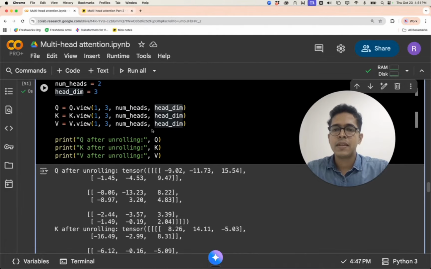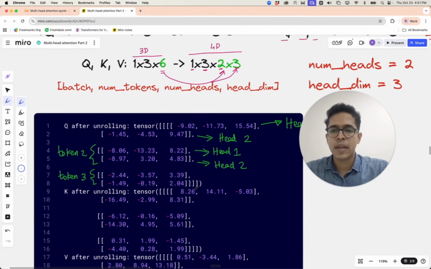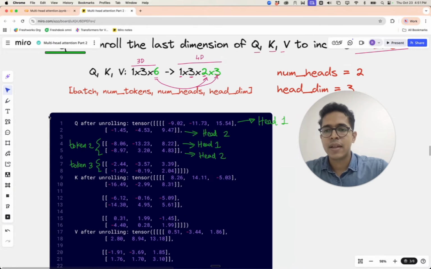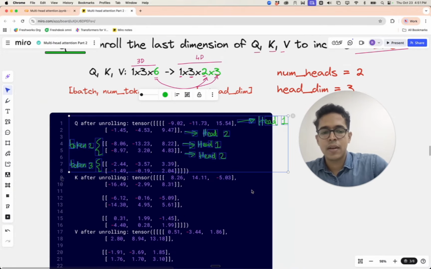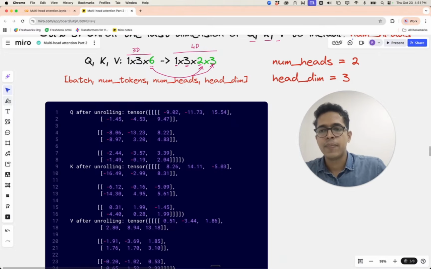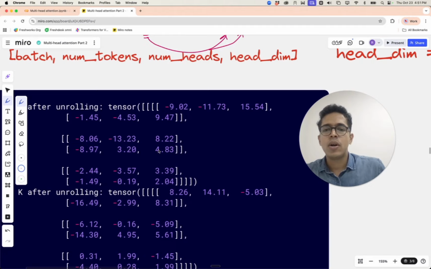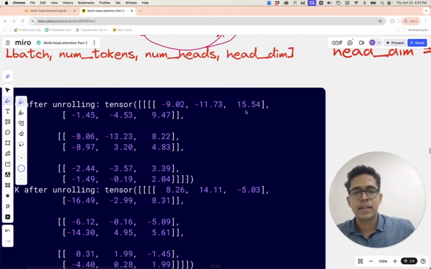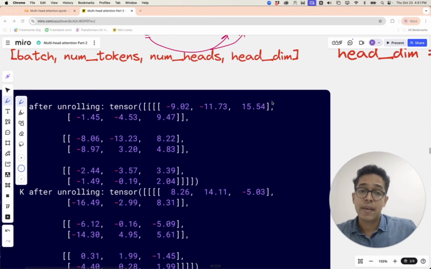I have copy pasted the same thing here in a slightly easier to understand way. Let me first delete these annotations so that it will be easier for you to read. So this is now query after unrolling, key after unrolling, value after unrolling. Now let's see what each of these things are. We have two heads. So this is corresponding to head number 1.